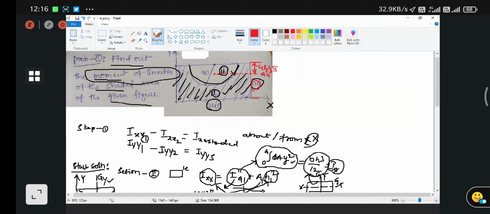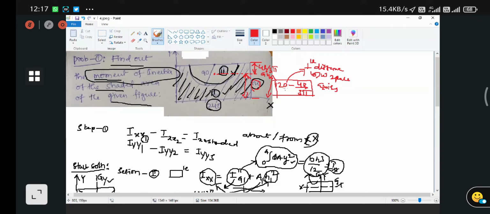So in order to get the distance between this x axis and the Gx axis, you have to subtract: 120 minus 4r by 3 pi, which gives the perpendicular distance between the two parallel axes.